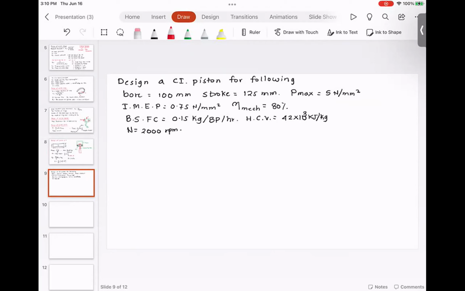So step 1, piston head design based on strength.